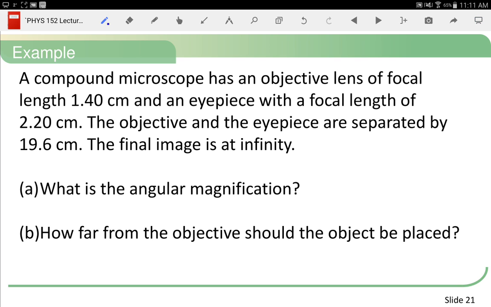A compound microscope, that's compound, it has two lenses, has an objective focal length of 1.4 centimeters, an eyepiece focal length of 2.20 centimeters. The objective and eyepiece are separated by 19.6 centimeters. What parameter does that tell me?